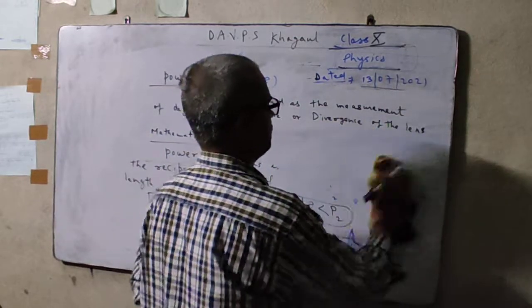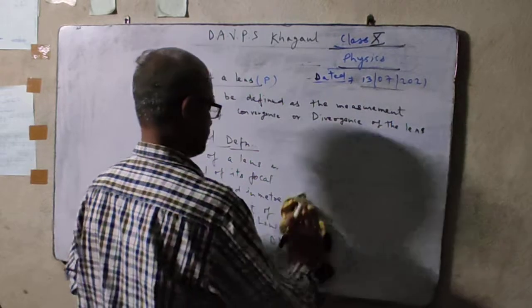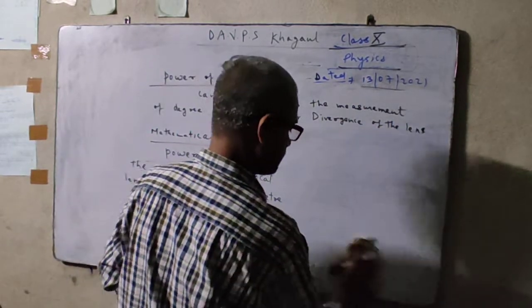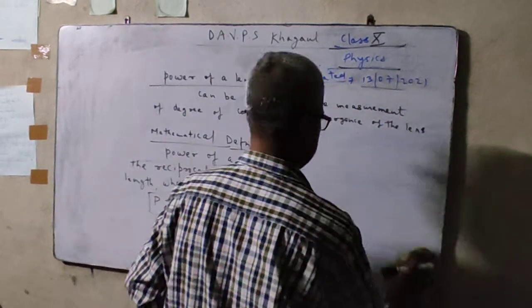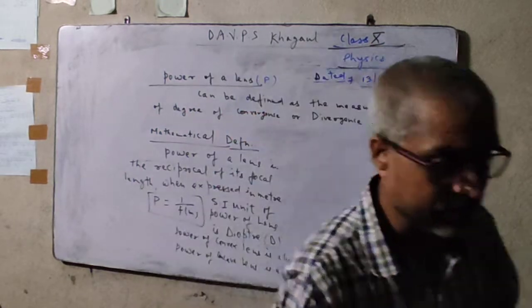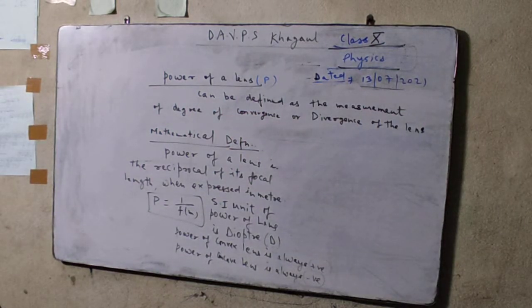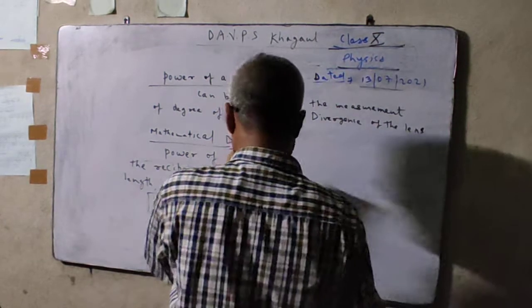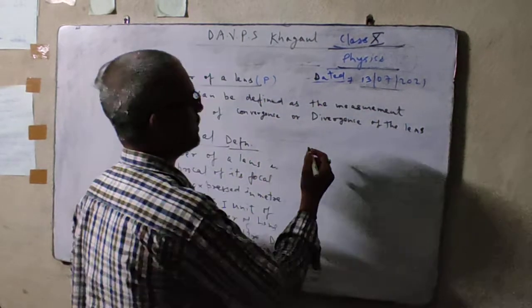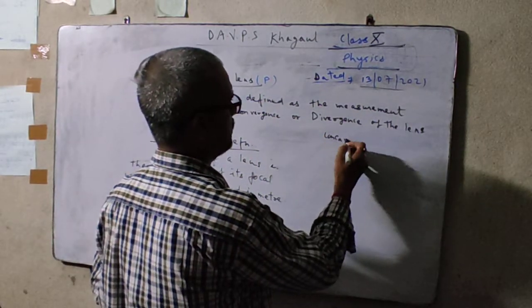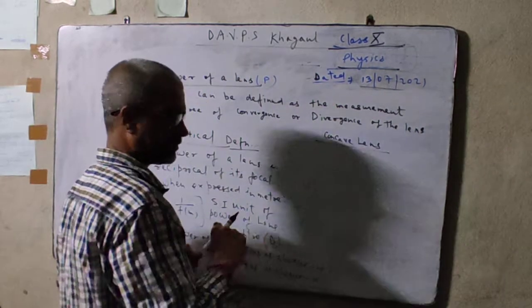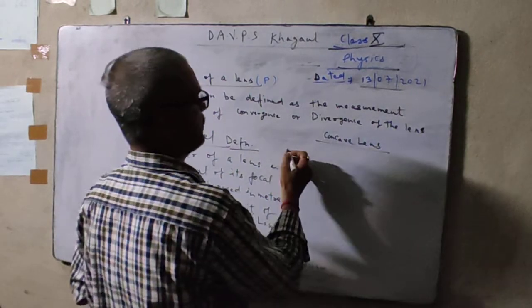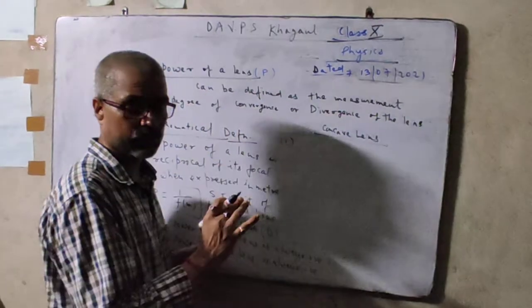Concave lens. Okay, concave lens. So let us understand about concave lens. Two concave lenses, I will show the diagrams.